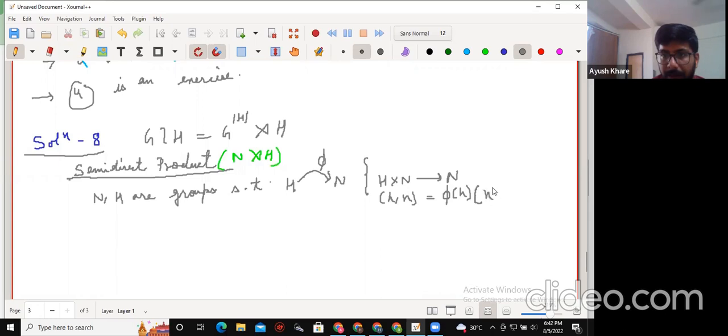Okay. It's just a group action. So you have a tuple h comma n. So h is acting on n through phi. What does this mean? That phi of h can compute the elements of n. So phi of h can act on n, and that is phi h of n.